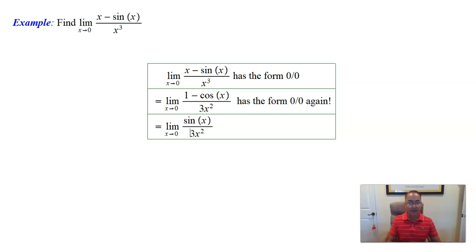And in the denominator, derivative is 6x. We did see this above: sine of x over x has limit 1. So we can factor out the 1/6, and of course the limit is finally going to be 1/6.